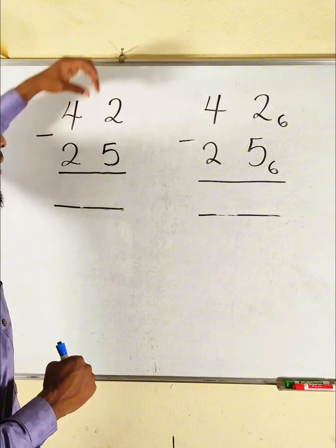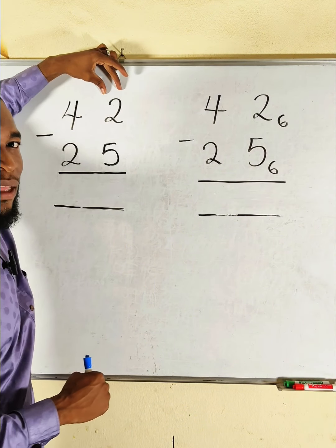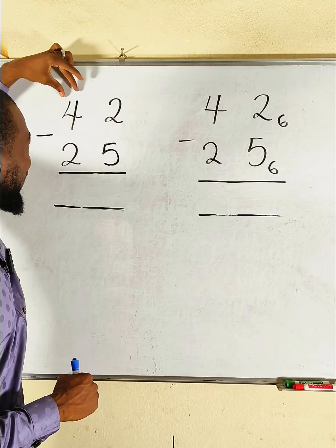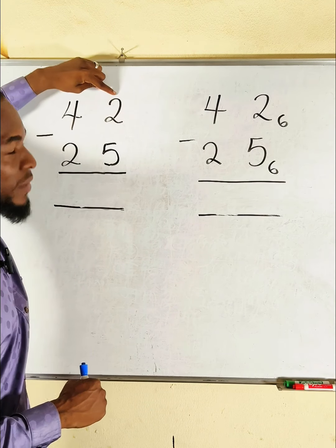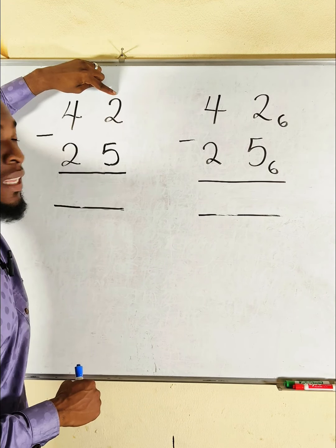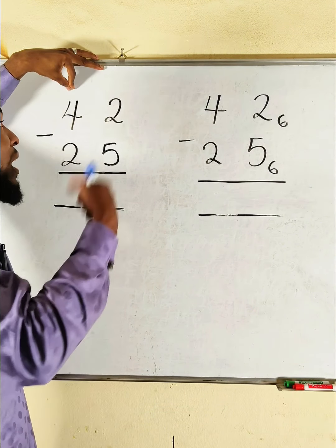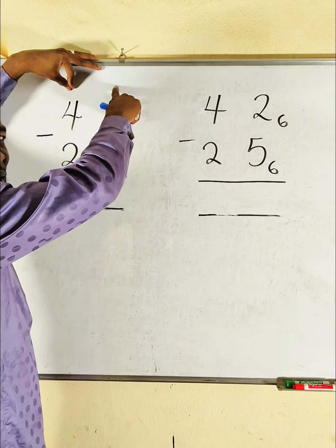This implies that 10 bundles here is equivalent to 1 bundle here, right? So if you take that 1 bundle here backward, it becomes 10, because 1 unit here is 10 times as big as a single unit here.